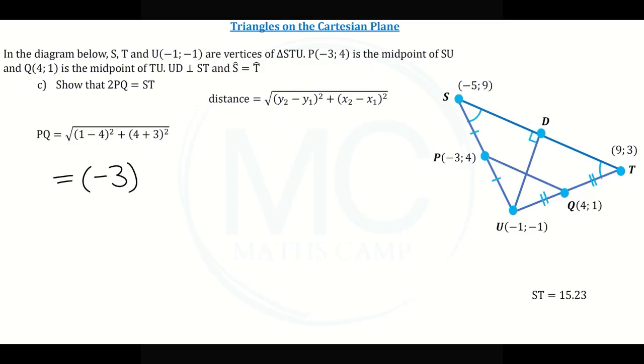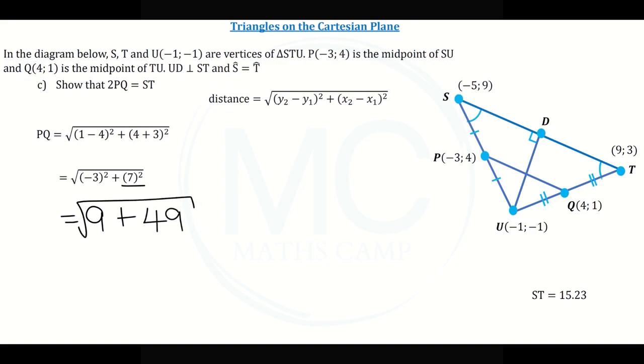Let's put this into a bracket, squared, plus 4 plus 3 is 7. Put 7 into a bracket, squared, all under a square root. Negative 3 squared is 9, plus 7 squared is 49, under a square root. 9 plus 49 is 58. We can put this under a square root.